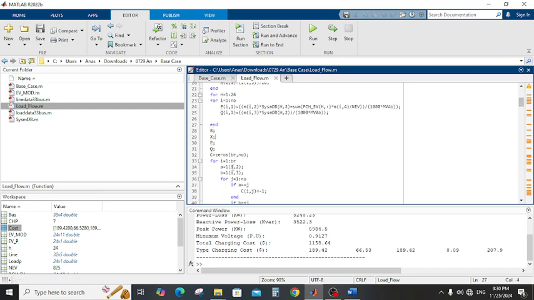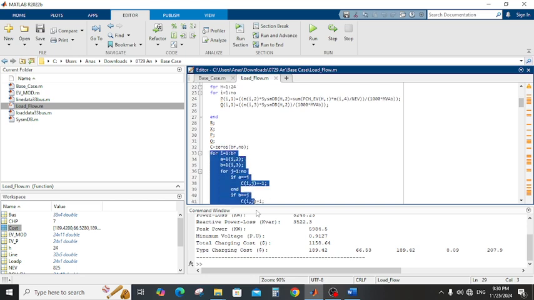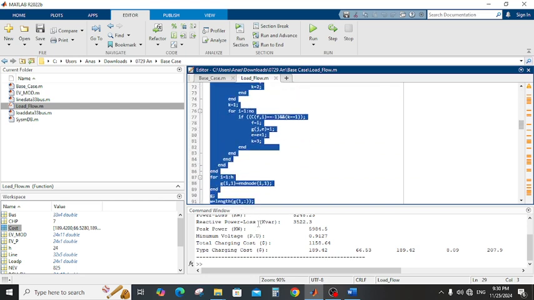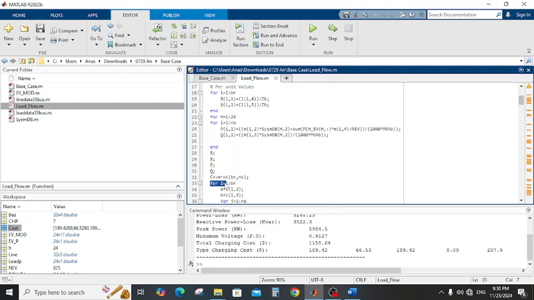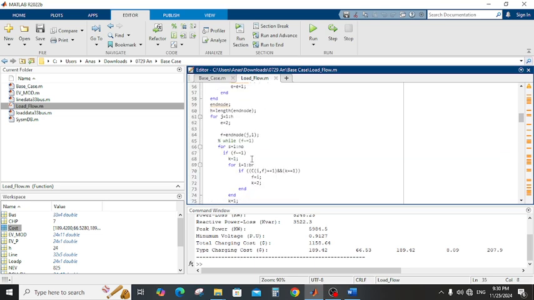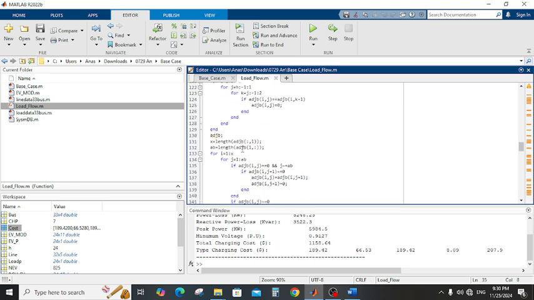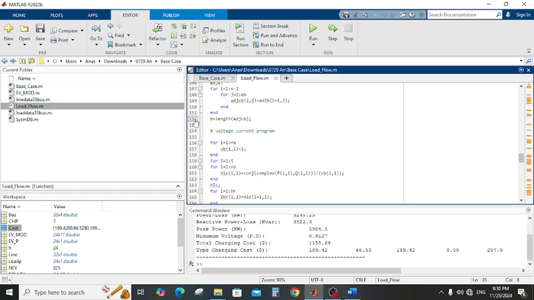And after that, now we arrange this, from line 33 to line 150 until 154, the voltage current program.